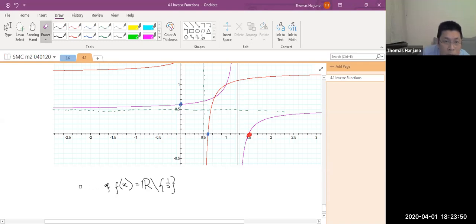When we say the range of the function is all real numbers except 1/2, what does it mean? It means when I set the function equal to 1/2, we should get no solution.